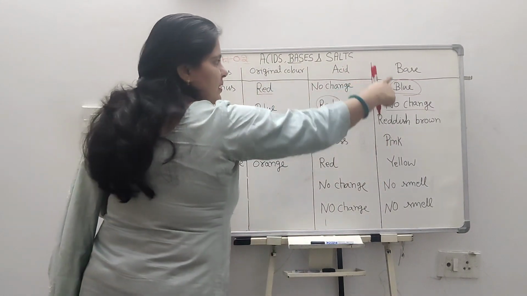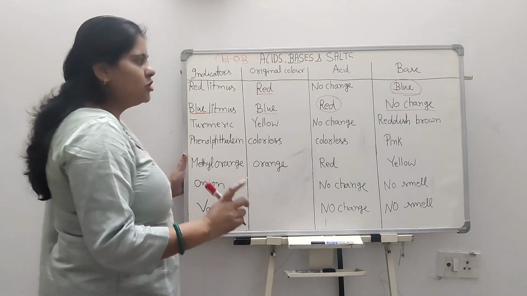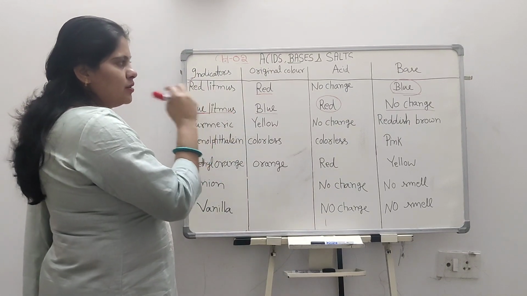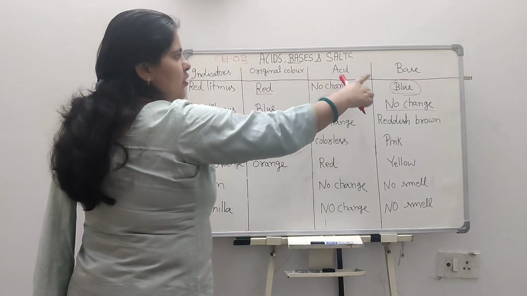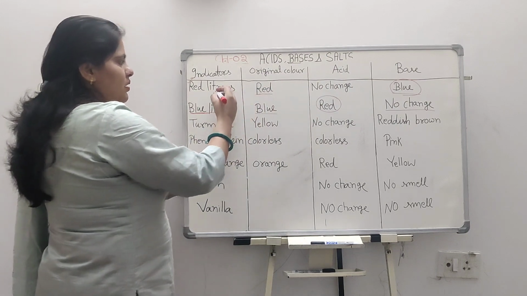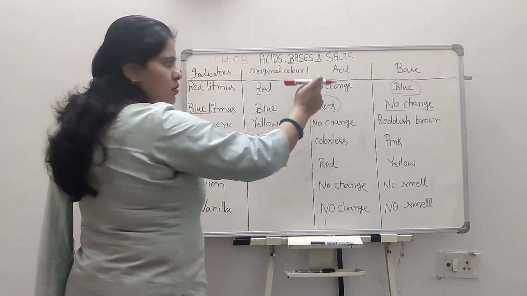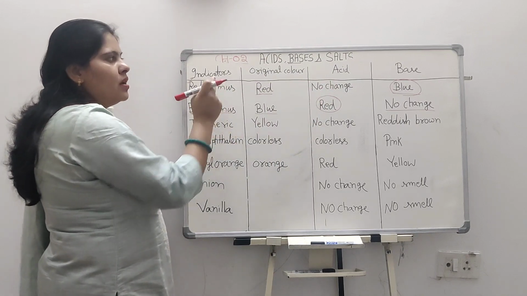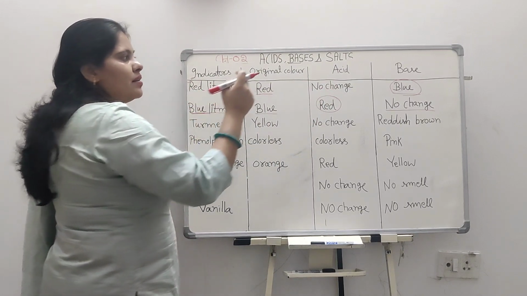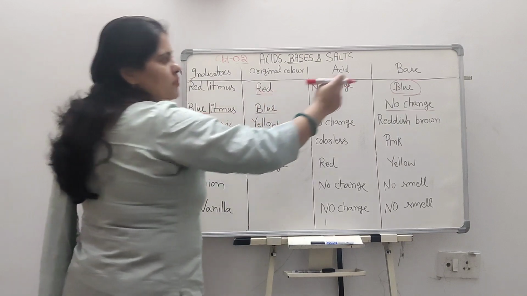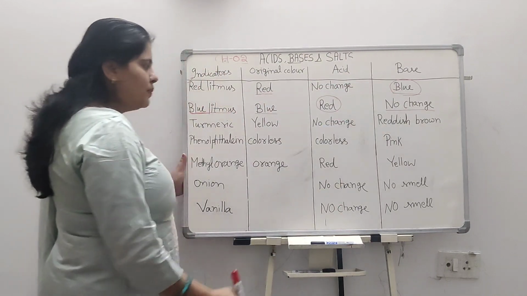So to check the acidity or basicity of the solution, we will use red litmus paper. If any substance is an acid, then there is no change in the red litmus paper, but when you dip red litmus paper in basic solution, it turns to blue.